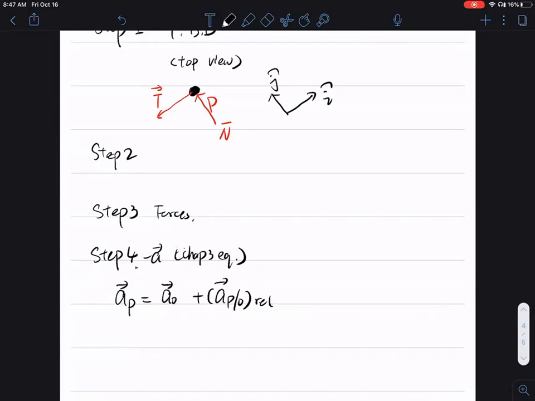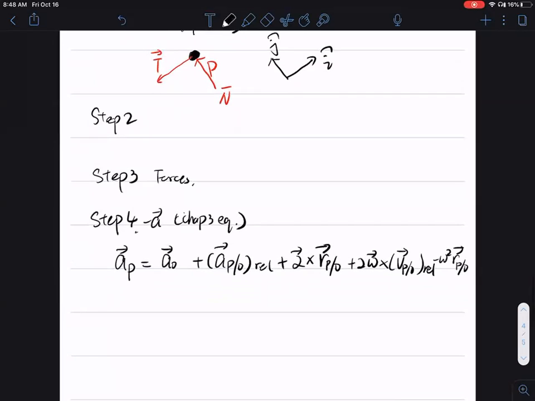Plus alpha cross RP/O, plus 2 omega cross VP/O relative, minus omega squared RP/O. This is just the standard equation from chapter 3, the moving reference frame.